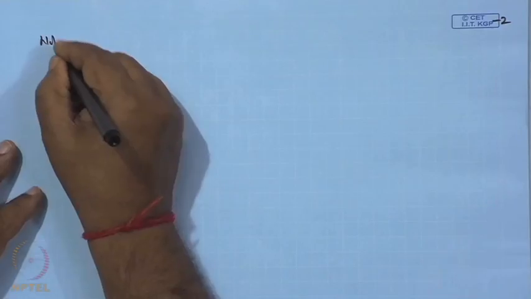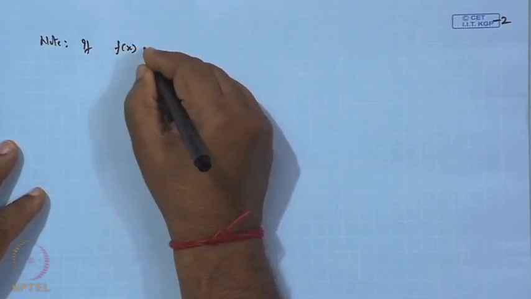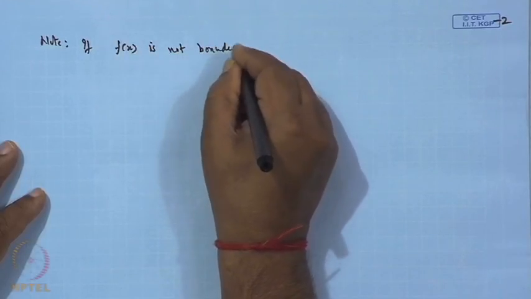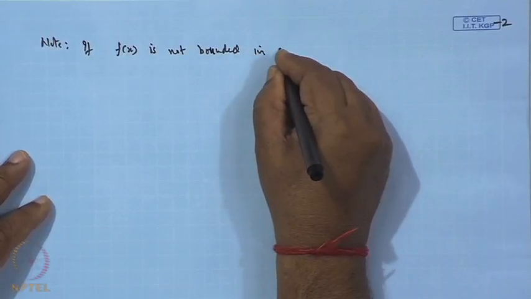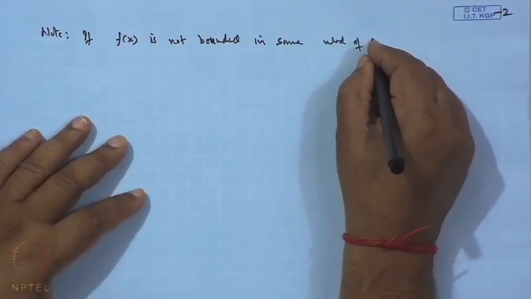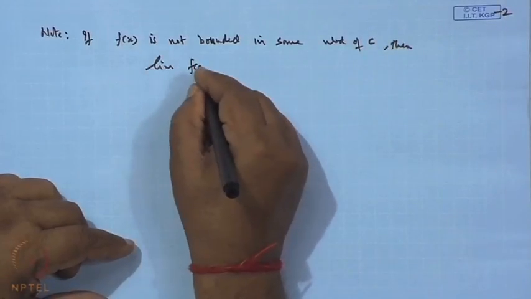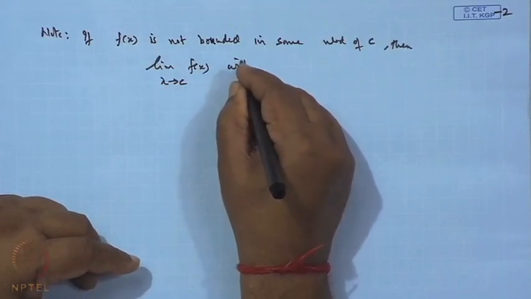So, we can say as a remark or note: if the function f(x) is not bounded in some neighborhood of C, then the limit of this function f(x) when x tends to C will not exist.